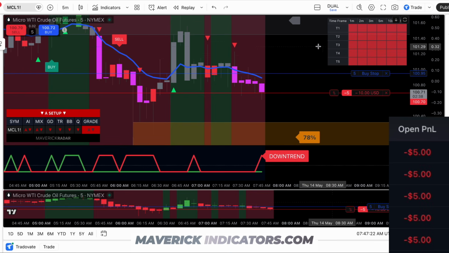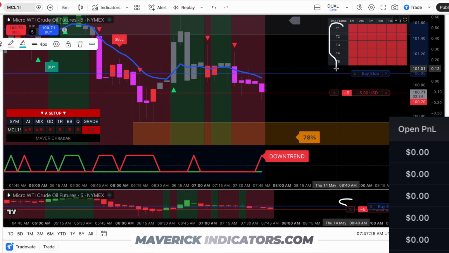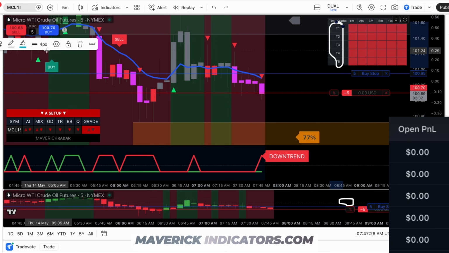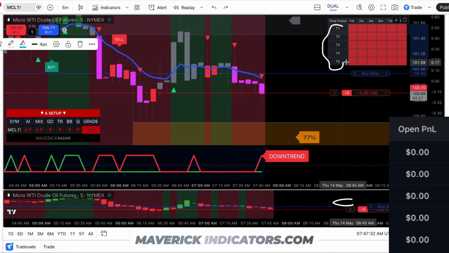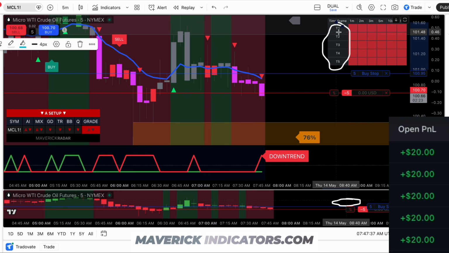The old Maverick Multi-X right here. 5 traders. Think of these as traders, T1 through T5. Boy, I can't draw this morning. Let's give this another shot. T1 through T5. All right. These are algorithms, but think of them as different traders, and they all have a completely different style.